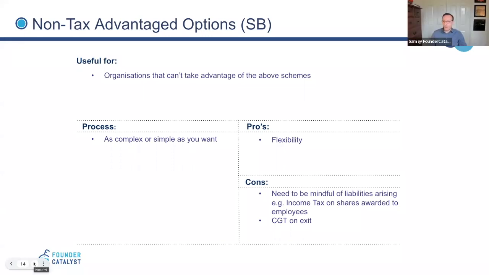Yeah, it absolutely is. And I guess the other thing to bear in mind here is the tax liabilities aren't just on the person that you are issuing shares to. Depending on what tax elections, etc., have been made, you can create liability for the business as well. And if you're looking to do a funding round, or you're looking to exit, you will be giving warranties and potential indemnities, saying that these schemes either don't exist or you have to declare them, which may make your business less attractive.